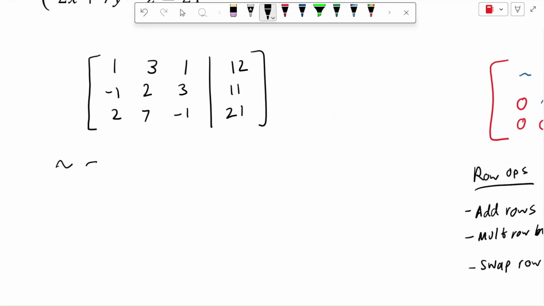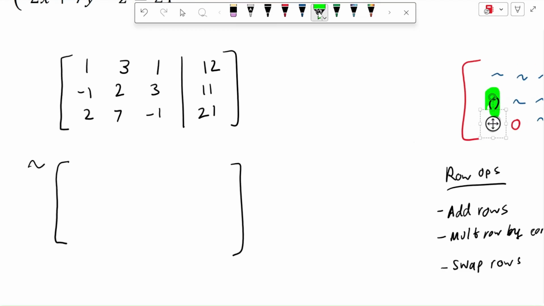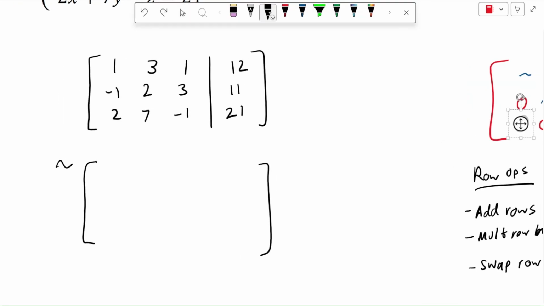So how can we get this 0 here? I need to use my row operations to do it. The easiest way is to add the first two rows together. So the first row, you basically never touch the first row unless you like swapping it. But the second row will become a new row made up of row 2 plus row 1.